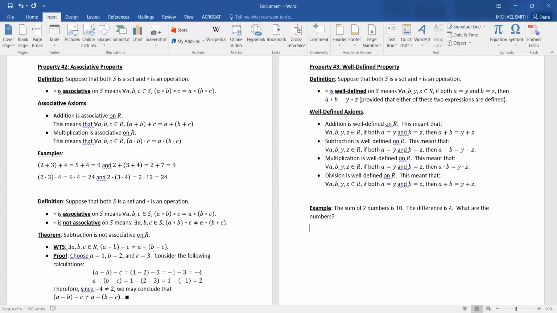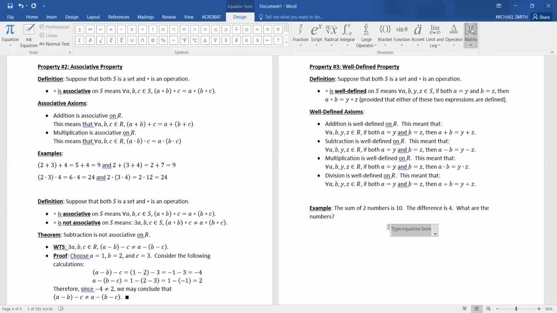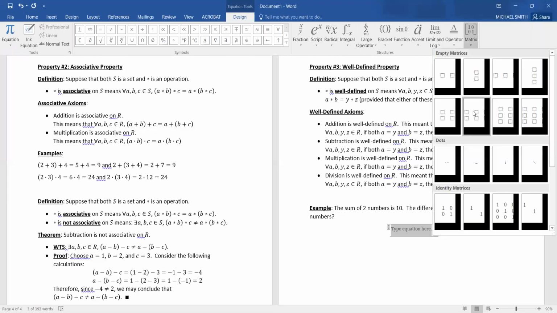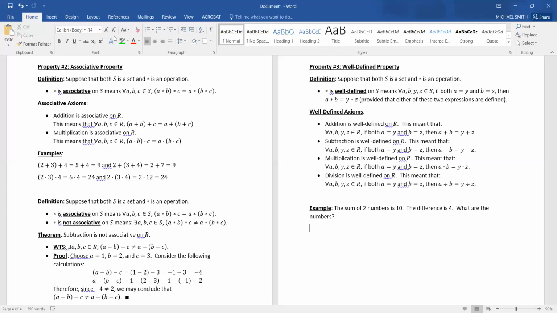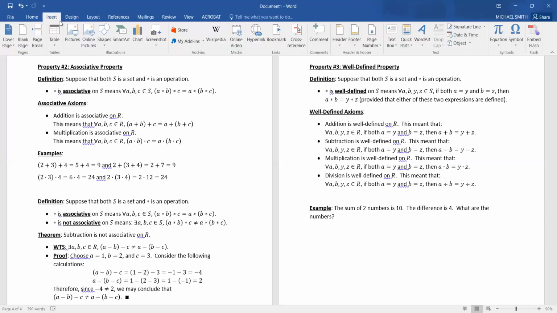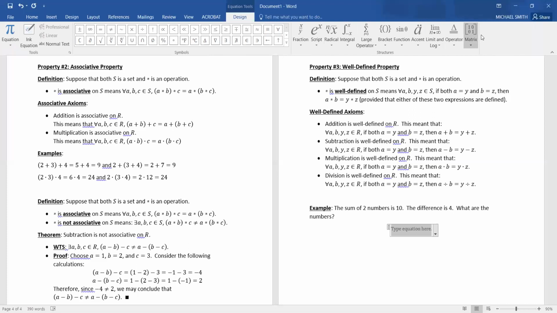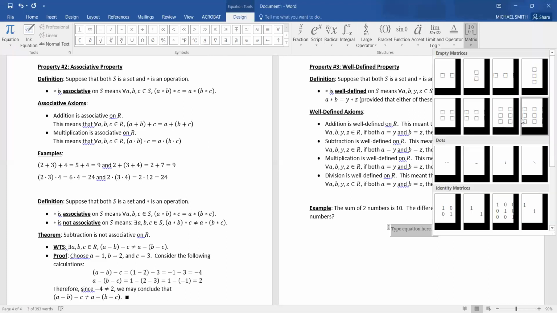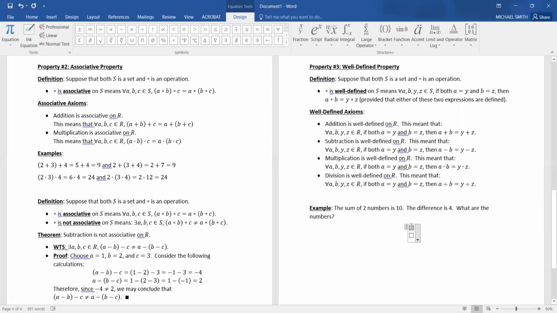Well, I could write these as two equations: m plus n equals 10 and m minus n equals 4.